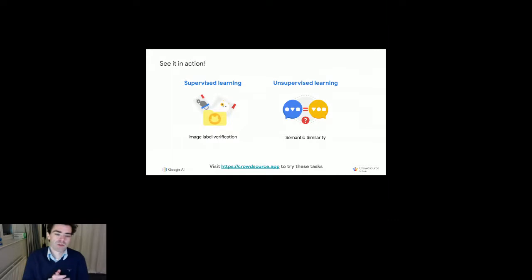So image label verification is supervised learning. Not necessarily, but in this case it is. So it's like cat or not cat. The way this would work is you start out with paired data, image, and then it's cat or not cat, with a label or tag.